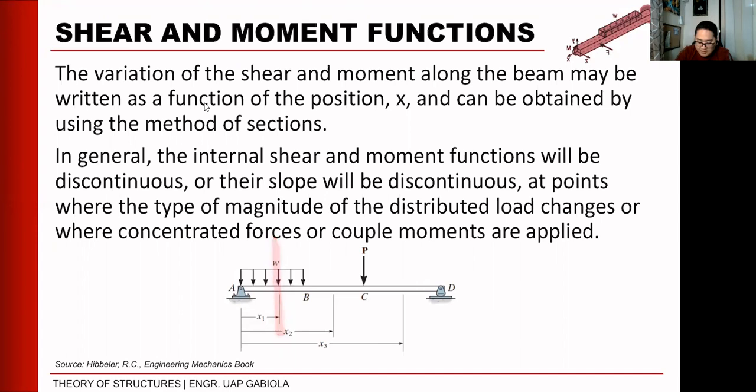So, i-assume natin from the origin, usually taken from the outmost left side nung pinaka-beam natin. Tinawag natin siyang x1. So, in terms of x, ibig sabihin. And then dito, yung second segment natin, since nagkameron ulit ng change ng loading o nawala yung mismong rectangular load natin, nag-assume ulit tayo ng distance mula dun sa pinaka-end o left side natin.